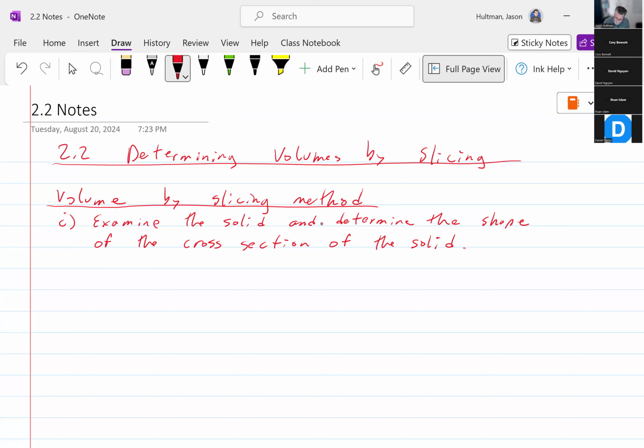So examine the solid and determine the shape of the cross section of the solid. Number two, determine the formula for the area of the cross section.